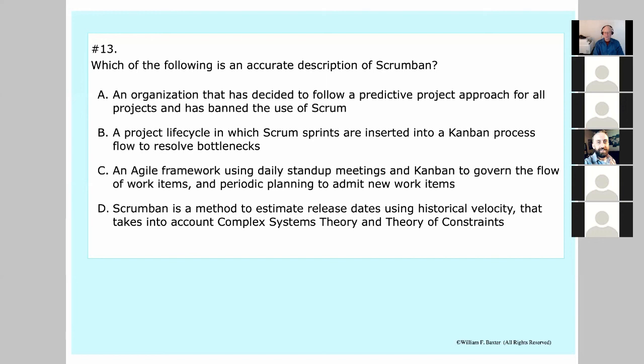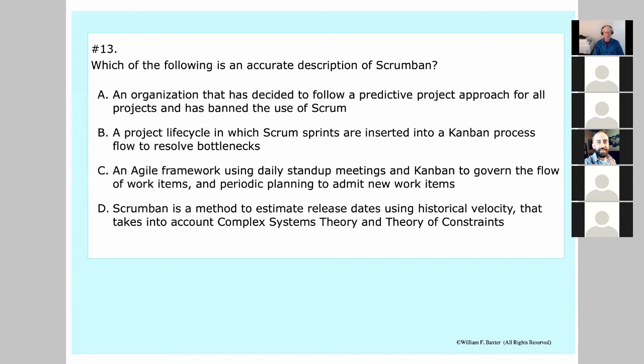So yeah, an agile framework using daily stand-up meetings and Kanban to govern the flow of work items and periodic planning to admit new work items. So the Scrum sprint planning is admitting the new work items, and it's the agile framework with the daily stand-ups, and Kanban is governing the flow of the work items during the sprint.